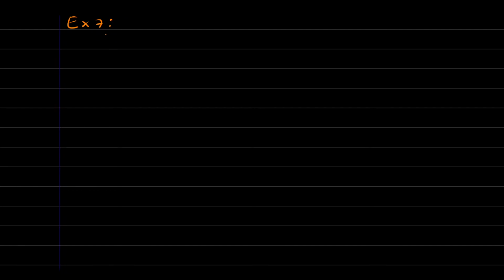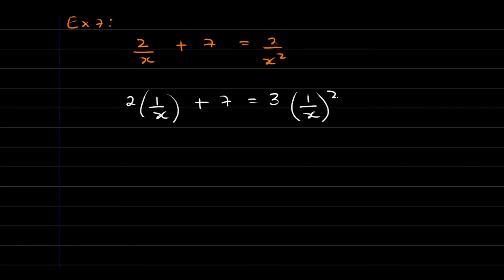Number 7 is 2 over x plus 7 equal to 3 over x squared. Again, you have 2 methods you can do. I'm just going to do a substitution method and keep working with substitution. So I'm going to write this as 2 into 1 over x plus 7 equals 3 into 1 over x squared.